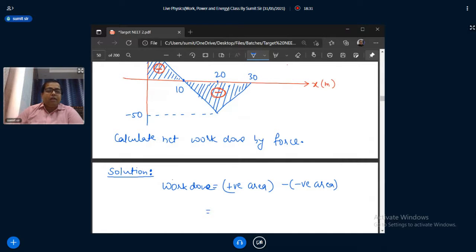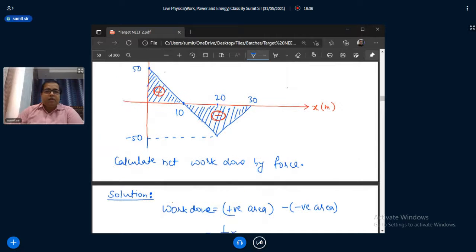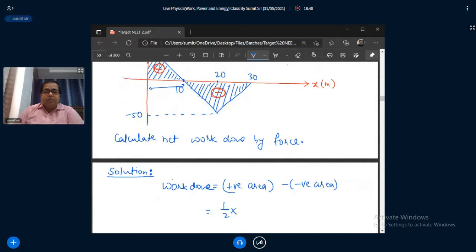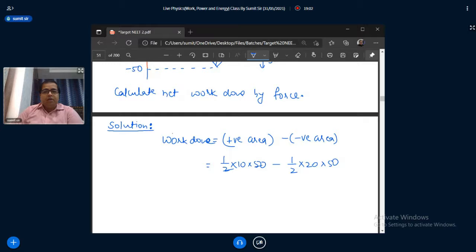The positive area is a triangle, so half into base, base is 10 and height is 50, which is 250. Minus, the negative area is also a triangle, so half into base, base is from 10 to 30 meaning 20, into height 50, which is 500.